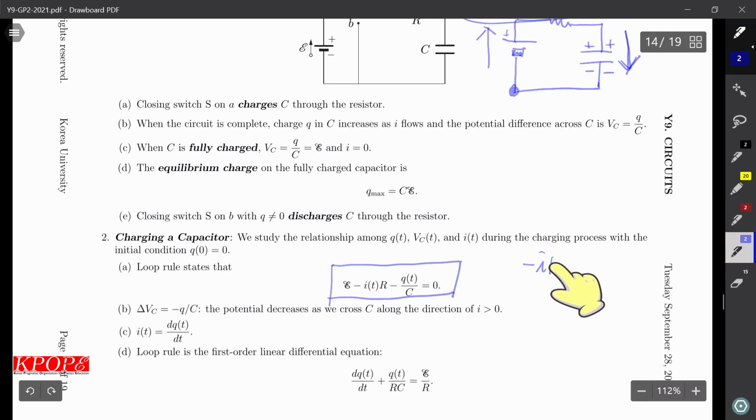Minus IR, potential loss from the resistor, minus Q over C, that is a potential loss when we cross the two plates, from the positively charged plate to the negatively charged plate.